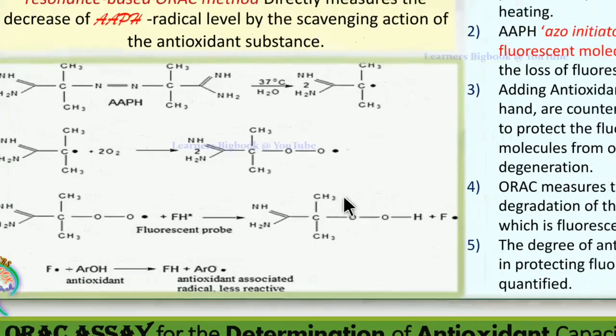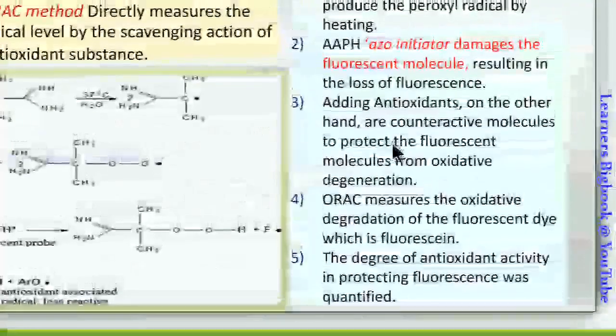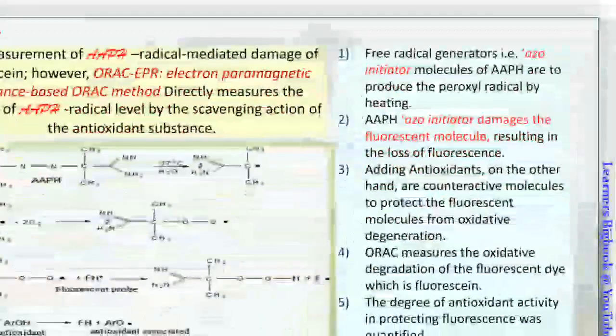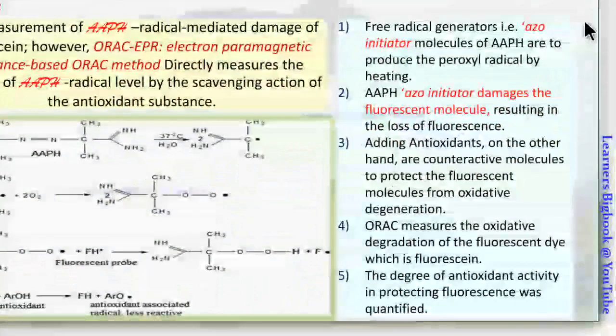Now here we have mentioned the same in this slide. Free radical generates from azo-initiator molecules of AAPH and produces peroxyl radical, and further these azo-initiators damage the fluorescent molecule.